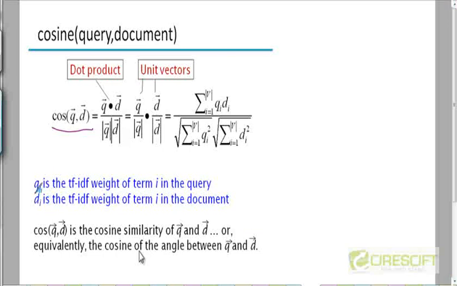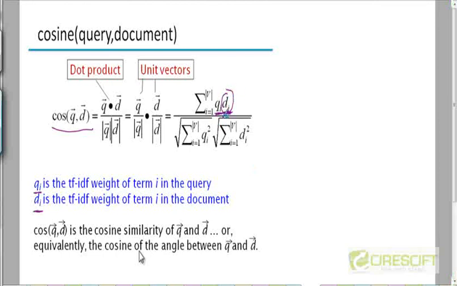Again, remember that these vectors Q and D are vectors of TF-IDF weights. The ith component of vector Q is the TF-IDF weight of the ith term in the vocabulary, and that is being multiplied with the TF-IDF weight of the ith term in the vocabulary in the document.